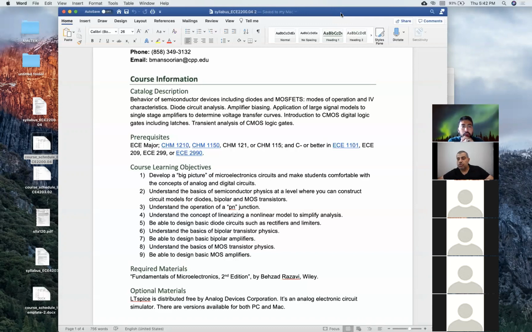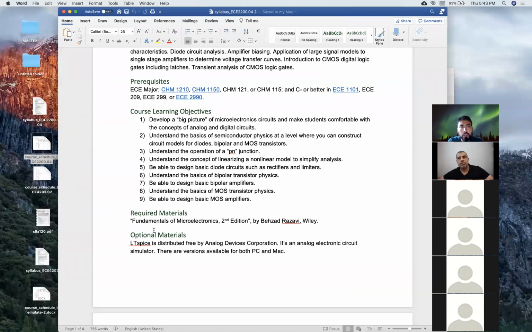And the first structure that we learn how to make is a PN junction. And we'll talk about what that means, how you can get a diode from a PN junction.